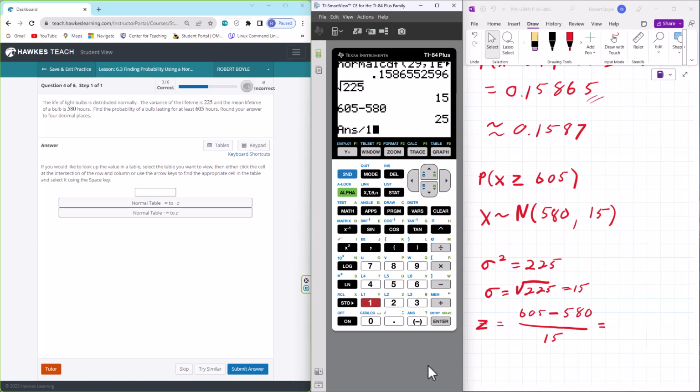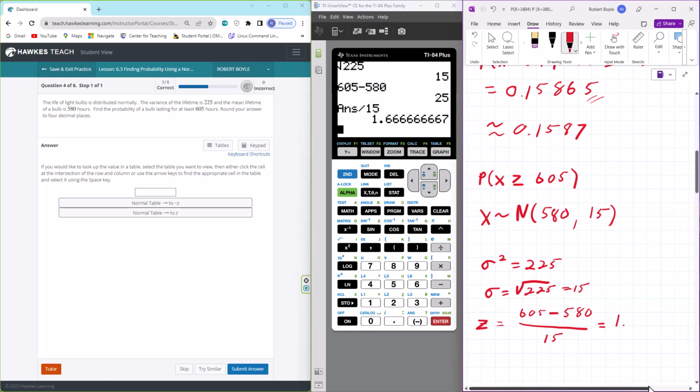Divide that by 15, and we get 1.66667. However, our tables only go to the 100th place, so we can write this as 1.67.